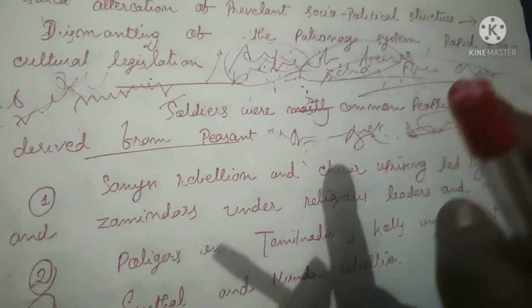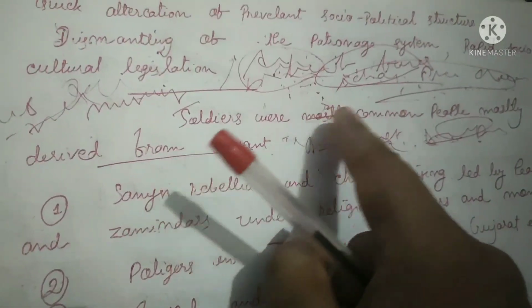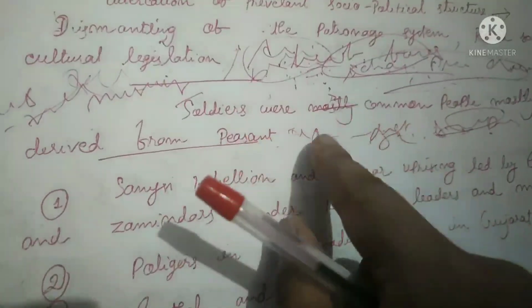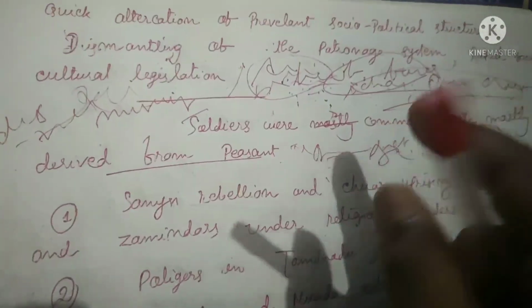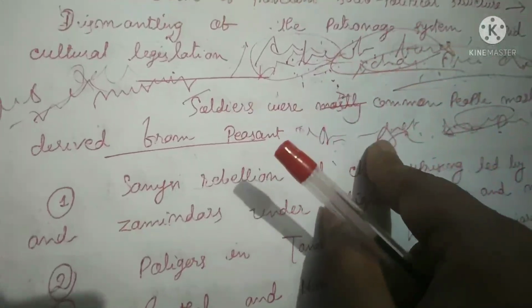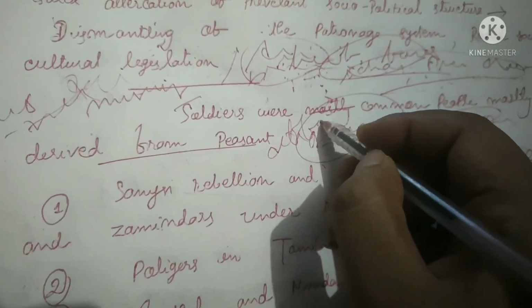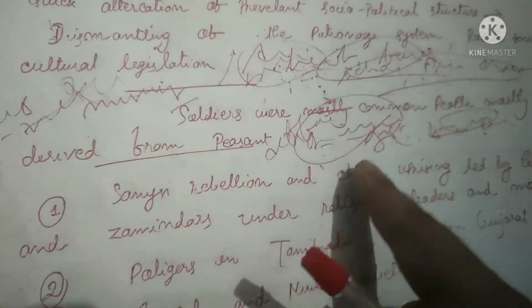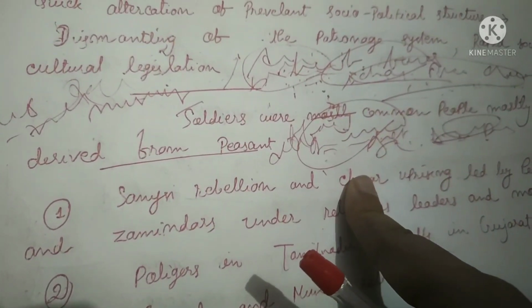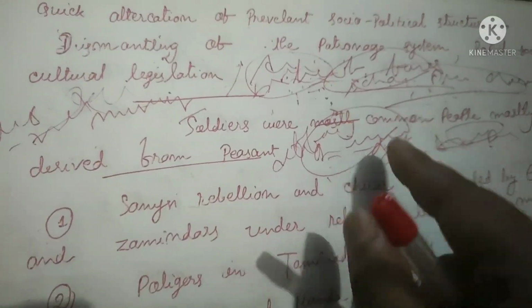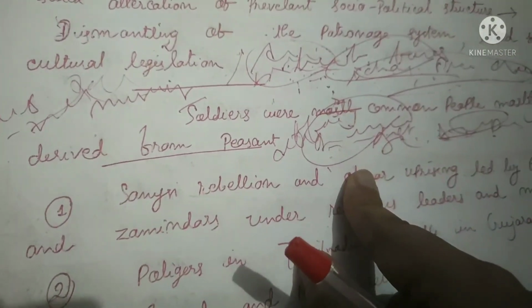So if anything happens to their ancestors, or to the common people, to the society to which they belong, it equally impacted their official life. The official and personal life were not separated. They were derived from the society. They were common people. They were mostly peasants.